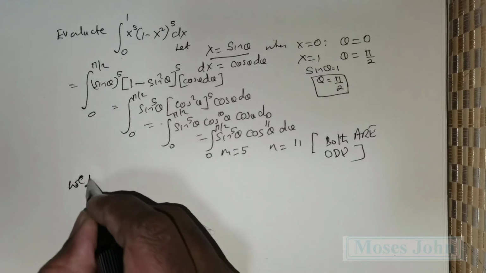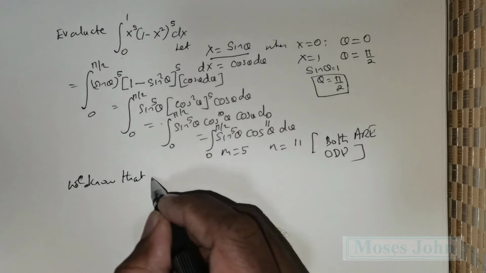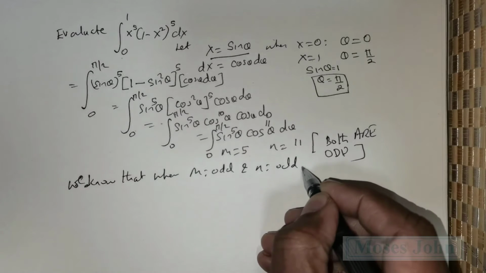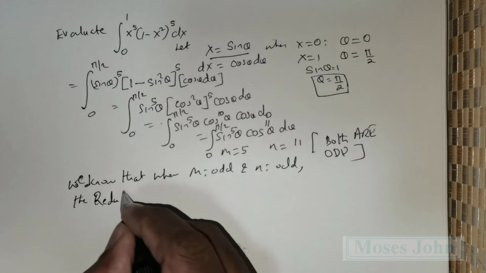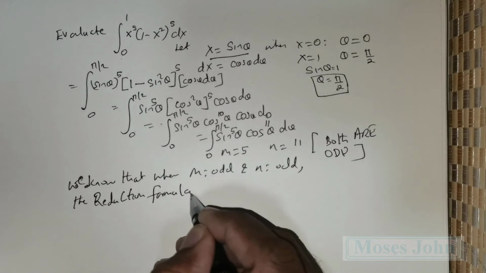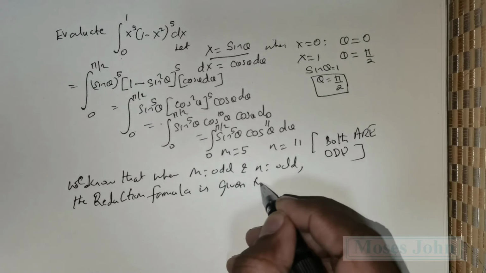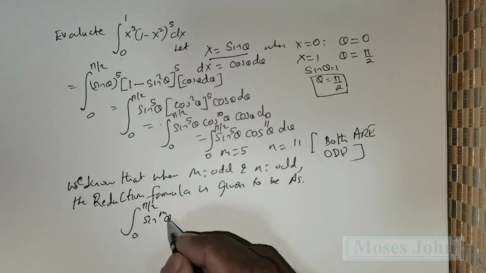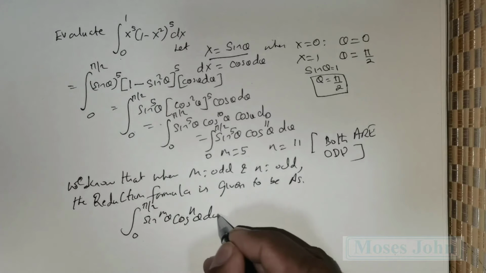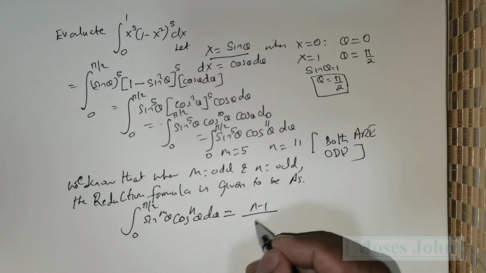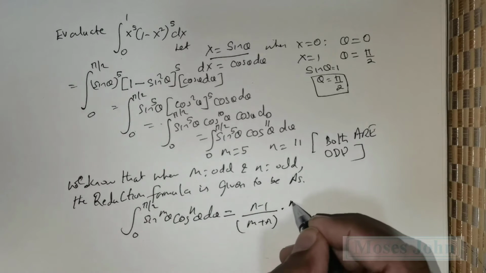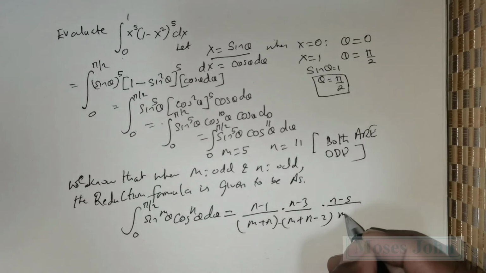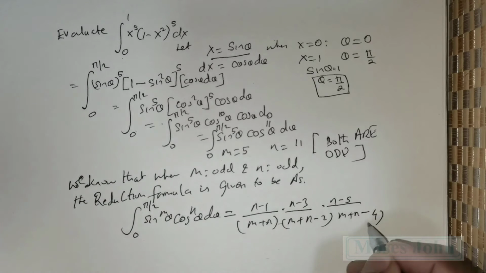Now there is a reduction formula which we know. When m is odd and n is odd, the integral from 0 to pi over 2 of sine^m theta times cos^n theta d theta is equal to (n-1)/(m+n) times (n-3)/(m+n-2) times (n-5)/(m+n-4), and it goes on.